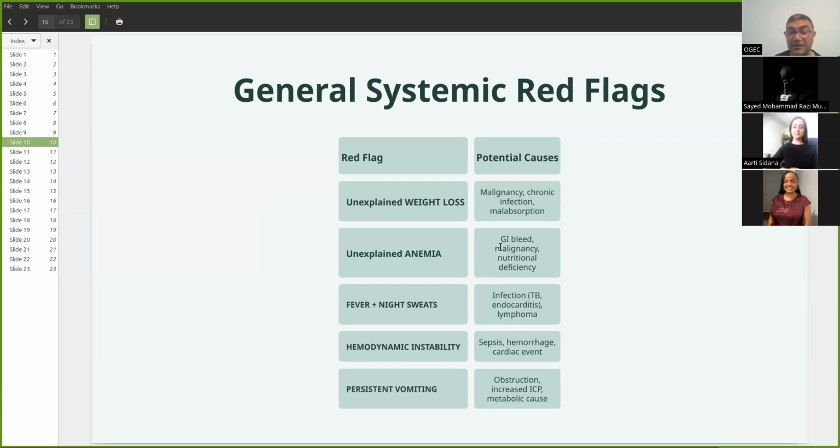Any of them can cause persistent vomiting. And based on the history presented in the question stem, we can come up with some differential diagnosis, and then we can choose the next best step, whatever it can be, treatment or diagnosis or investigation.